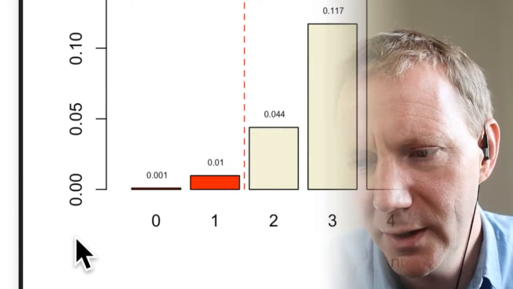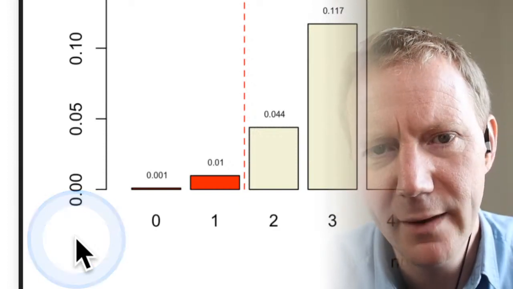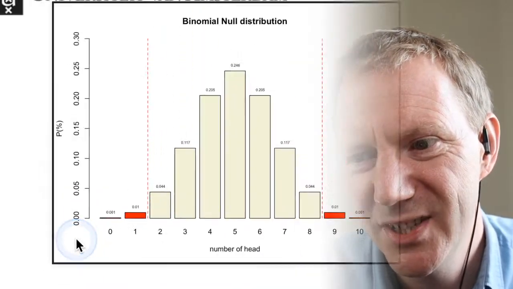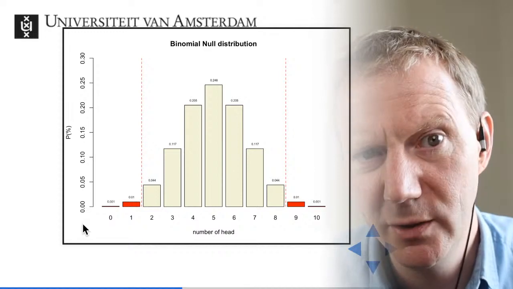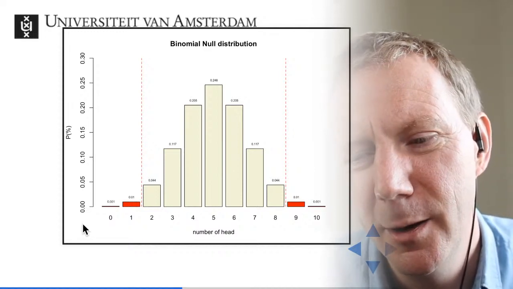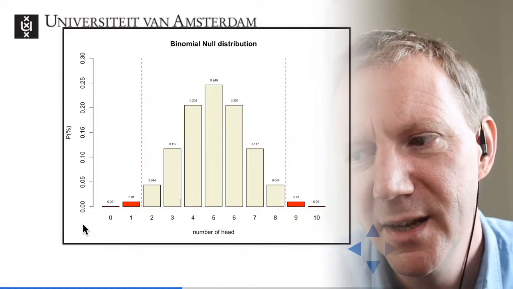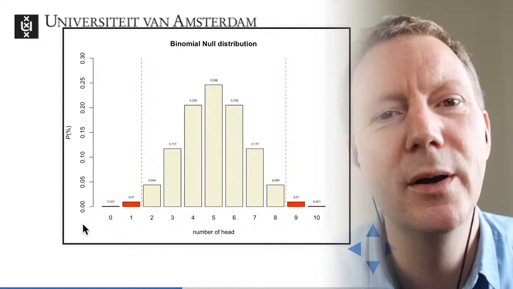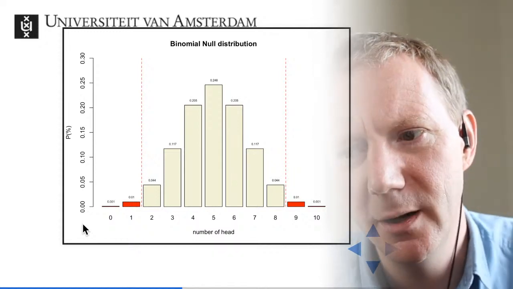But because we only threw 10 times, we don't have enough precision to exactly set the boundary at that point. So in this case, we actually don't have an alpha of 5%. It's less. But if we would include the 2 and therefore also the 8, then we would be way beyond 5%. So in this case, we stop here.